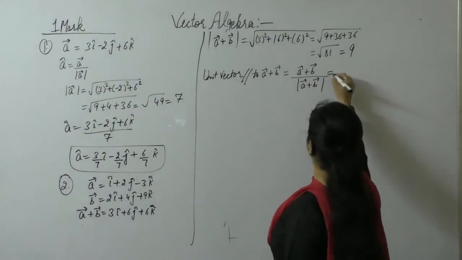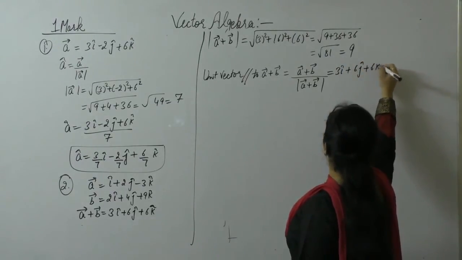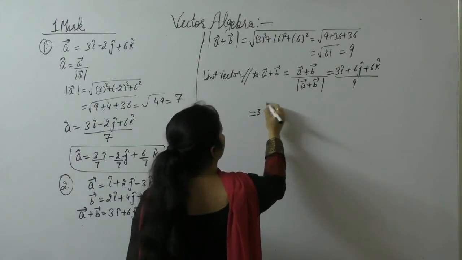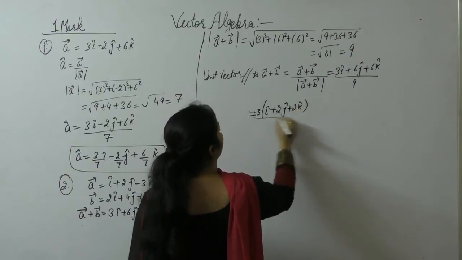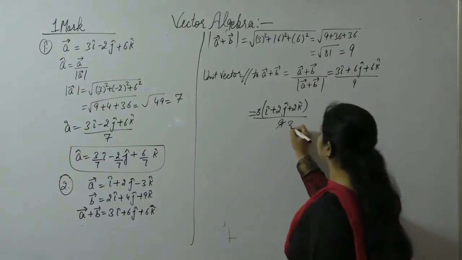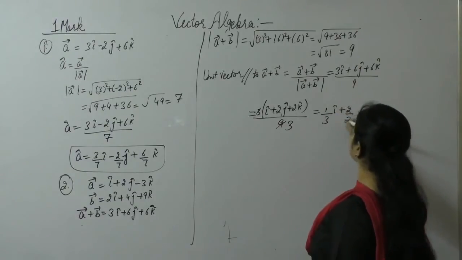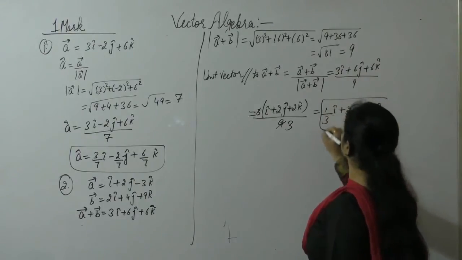Now A plus B vector is 3i plus 6j plus 6k upon 9. By taking 3 common, i plus 2j plus 2k upon 9, that is 3. So 1 by 3 i cap plus 2 by 3 j cap plus 2 by 3 k cap.